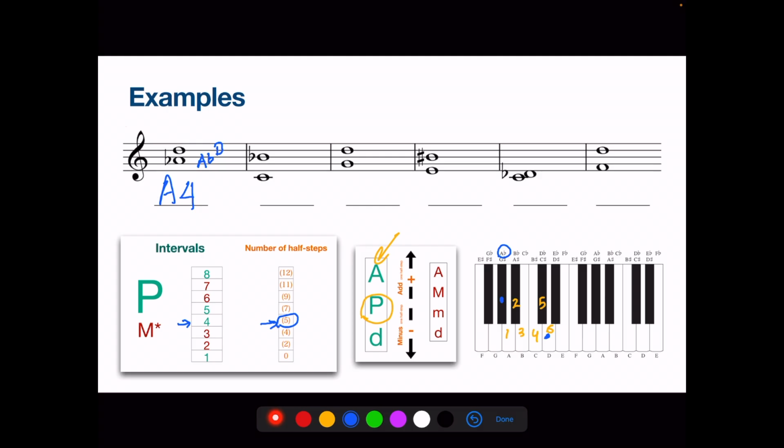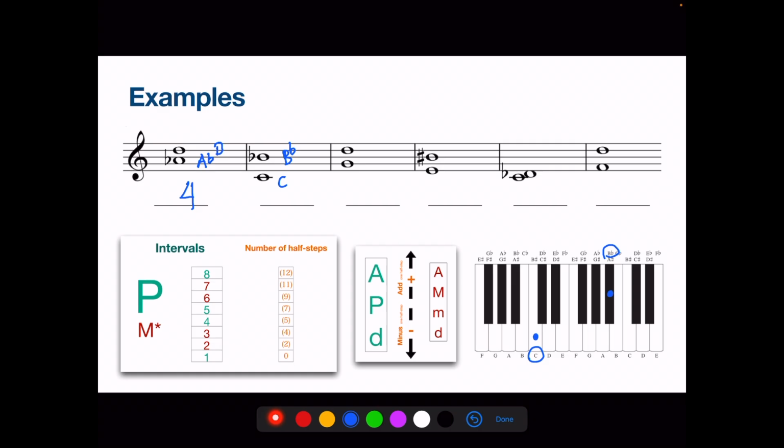All right, so moving on, we have a C and a B flat. And for now, let me just delete all of the writings. Now what we have here is a C and a B flat. You can go ahead and just plot them on the piano, starting from C and a B flat.